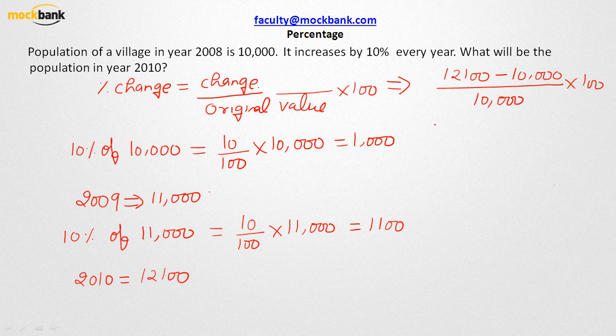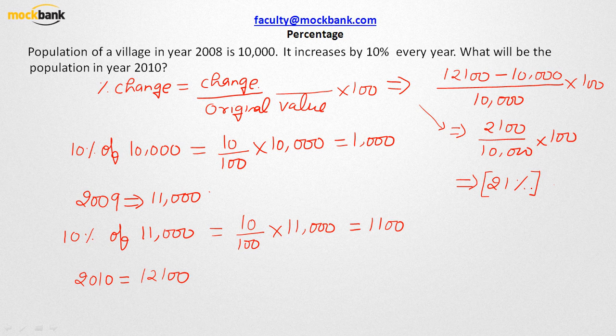So this comes out as 2,100 over 10,000 times 100. If we solve it, we are going to have 21%, and this is something which is more important.